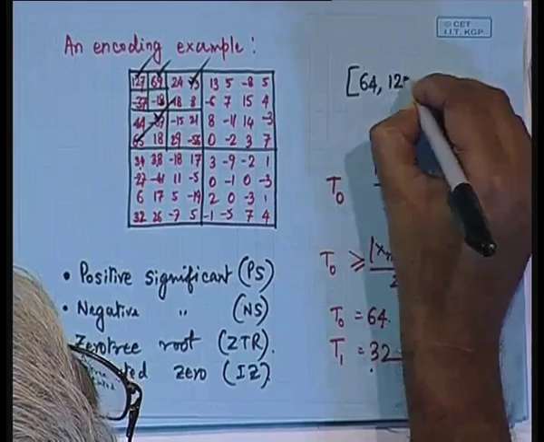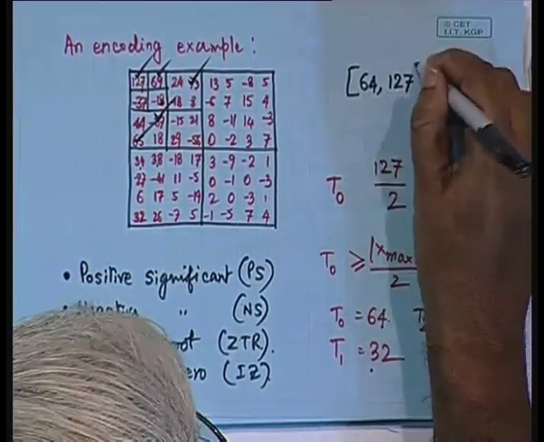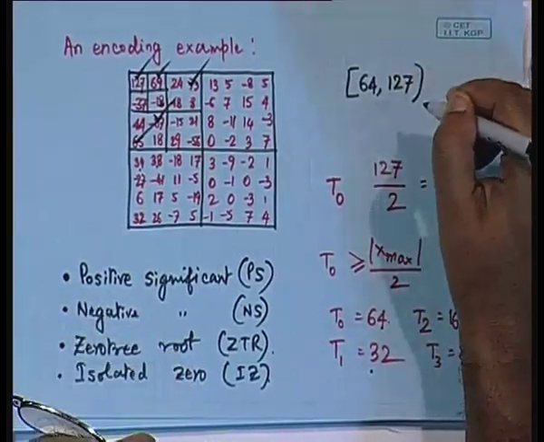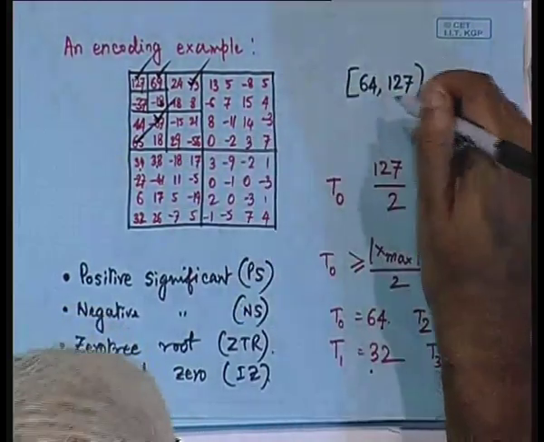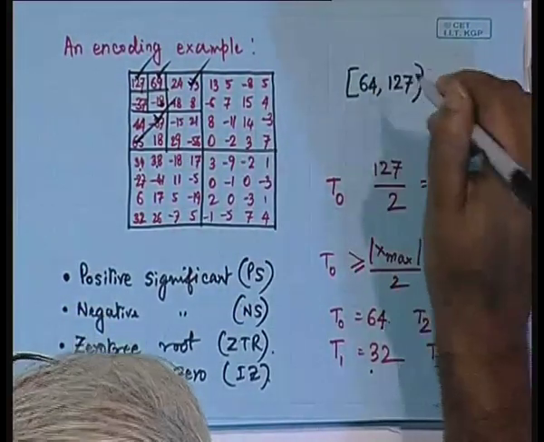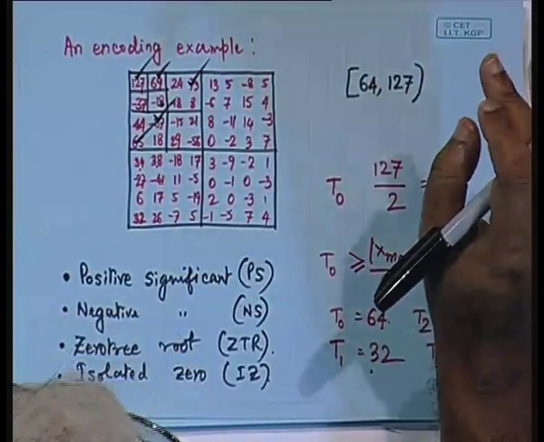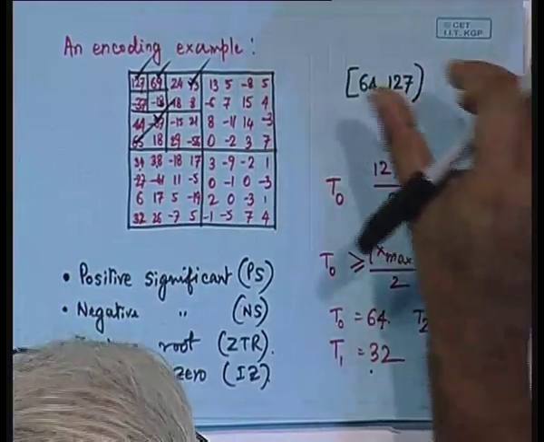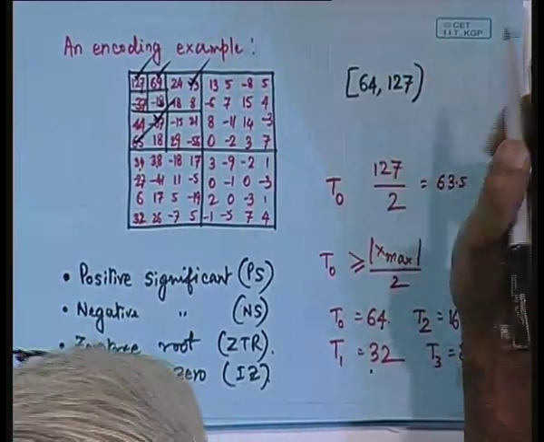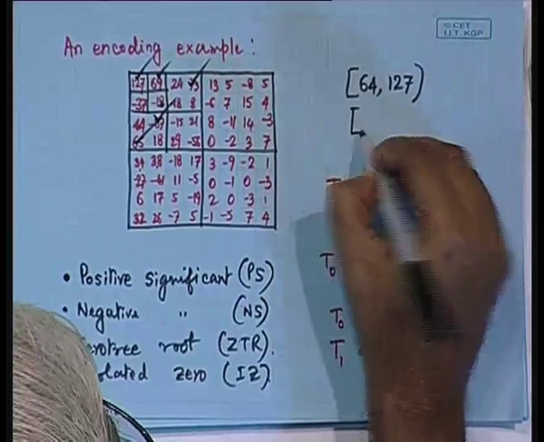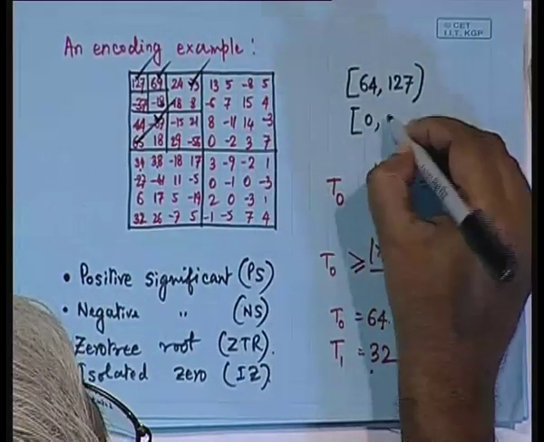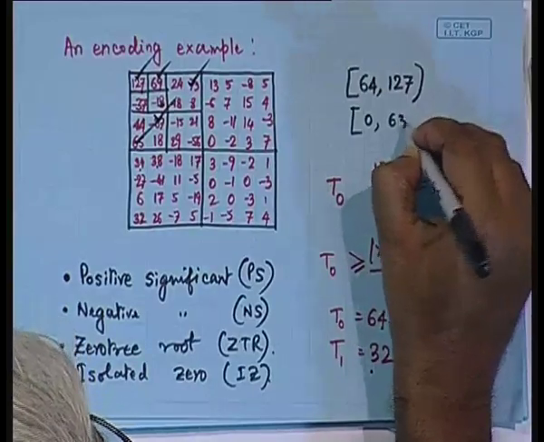Now, 1 means what? We know that it is in the range of 64 to 127, because 64 is the threshold and we know that the maximum magnitude here is 127. So it is lying somewhere in the range of 64 to 127. This 69 also lies in the range of 64 to 127. Whatever is significant lies in the range of 64 to 127, and whichever are insignificant lie in the range of 0 to 63.